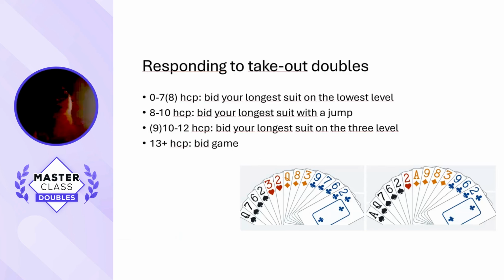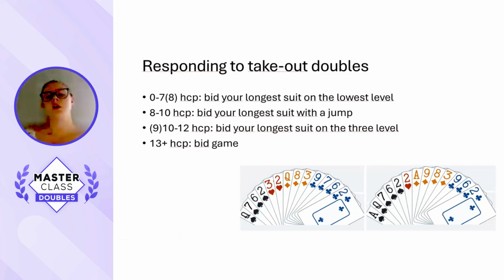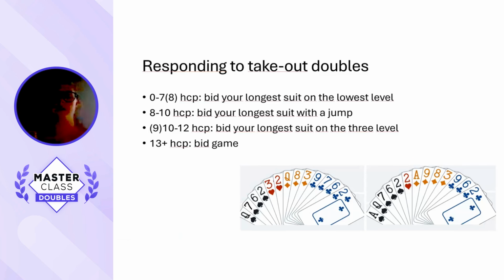So what we normally do is with 0 to 7, maybe up to 8 high card points, we bid our longest suit on the lowest level. So if partner doubles, it goes, for example, a heart and double, and now we see the left-hand example here. We have 4 spades and 4 clubs.